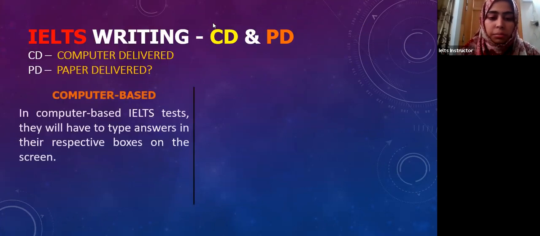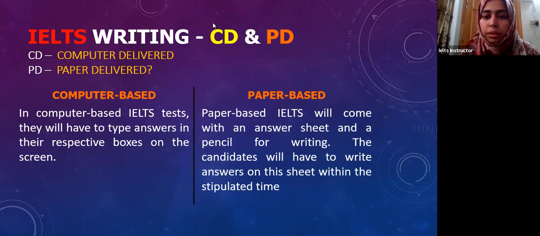So then comes the medium of attempting the IELTS writing module. There are two mediums allowed: computer delivered and paper delivered. There is no basic difference in the structure of the module in both mediums. It's totally up to you, whatever you are comfortable with. You can decide which medium or which mode of test you want to choose. It's totally up to your comfort.